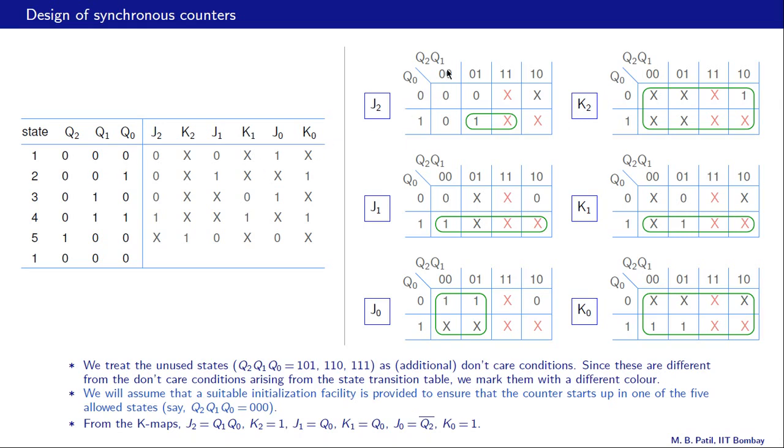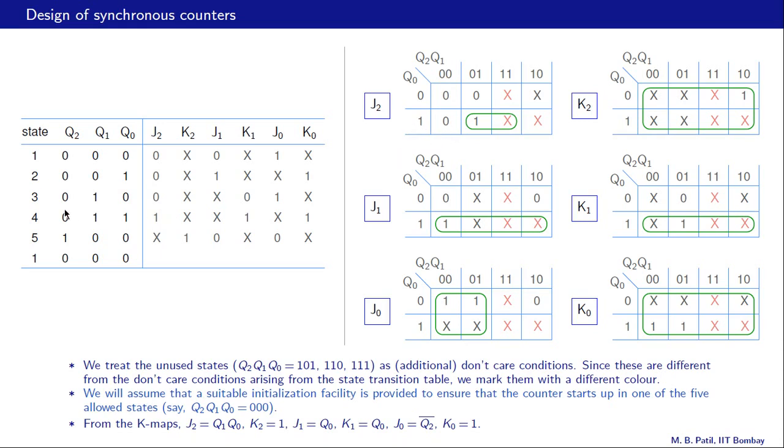That means we have this column and this row, and J2 is 0. So we write 0 over here. Next we have column equal to 0, 0 and row equal to 1, and J2 is 0. So we are talking about this column, this row, and again J2 is 0.